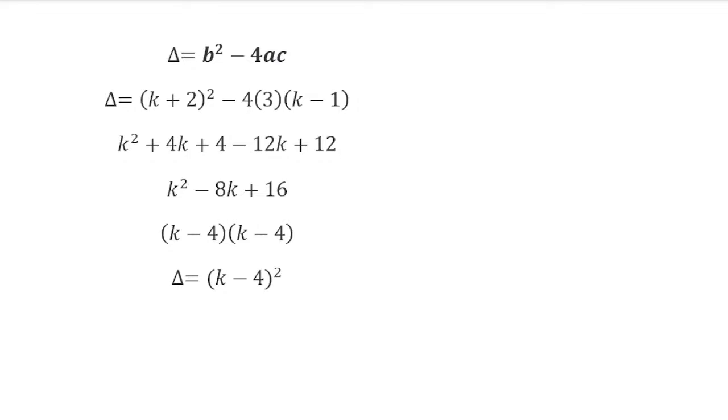So therefore delta is a perfect square. If delta is a perfect square, it means the roots are real and rational.